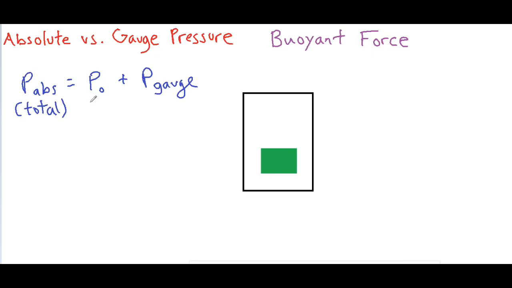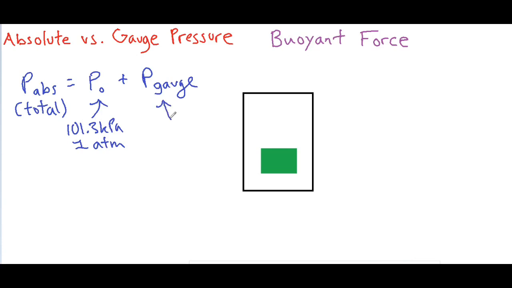P naught is basically your starting pressure, which is typically 1 atm or 101.3 kilopascals. So it's the initial pressure you're dealing with, which is typically just your atmospheric pressure or whatever initial pressure is caused by the environment. Like I said, typically one of these two numbers, depending on what unit you're in.